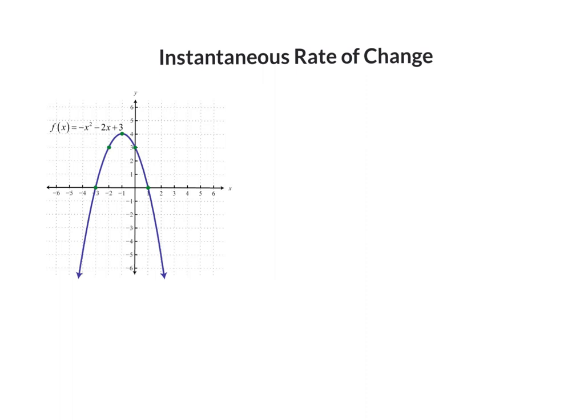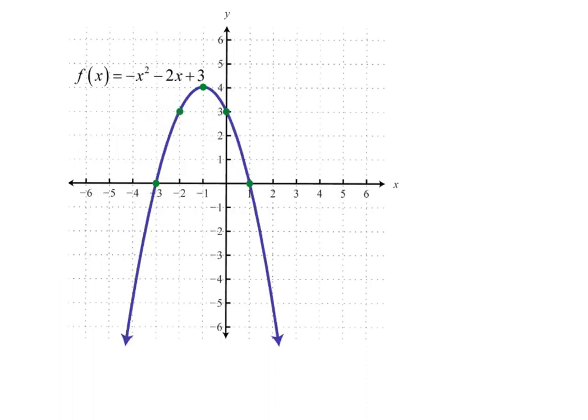And now we're going to explore that idea of instantaneous rate of change. Okay, so I'm going to draw that same tangent line at -2. The key thing with this tangent line is the only point that it touches on this parabola is this point right here. So what is the rate of change of that line?